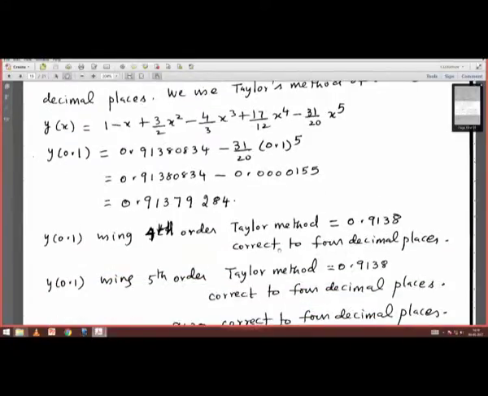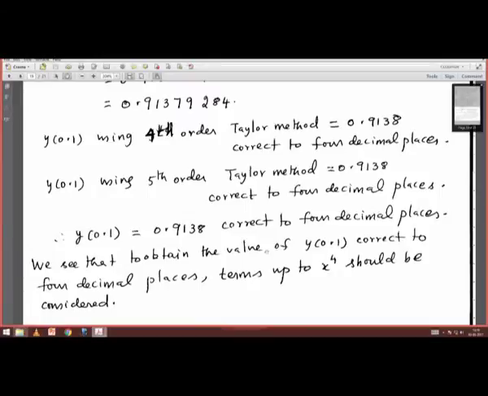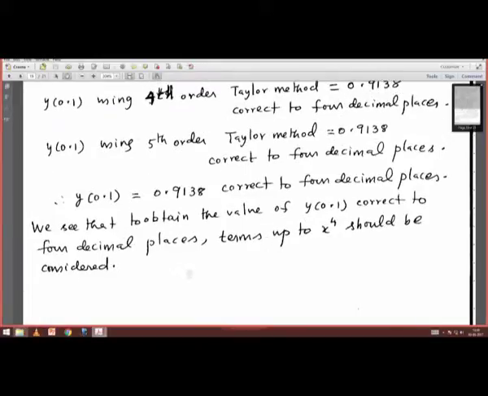So, by including the 5th order term, I am able to get a solution which matches with the previous solution obtained by Taylor series method of order 4 correct to 4 decimal places, and therefore, my solution is 0.9138 correct to 4 decimal places, and this is obtained by using terms up to x to the power of 4 in the Taylor expansion.